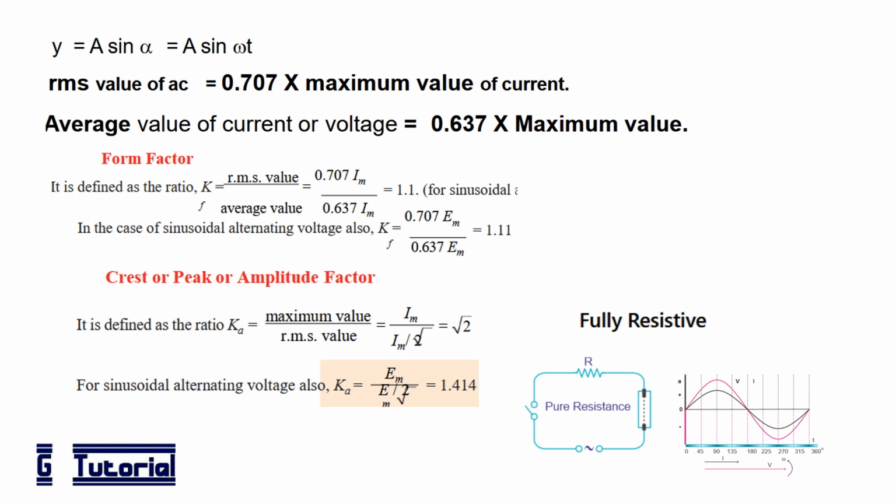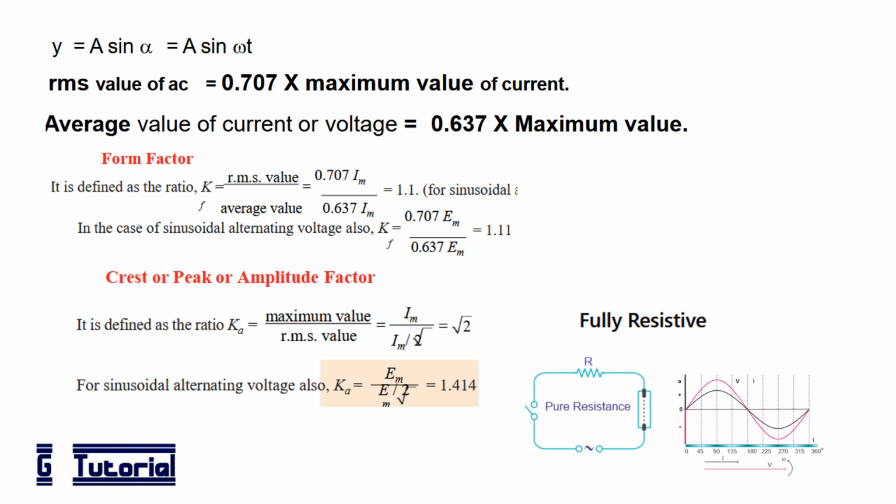Form factor of a circuit is the ratio of RMS value to average value. So RMS value is 0.707 times Im and average value is 0.637 times Im, and by solving this, we will get 1.11. So for a sinusoidal signal, form factor is 1.11, or it is the ratio of RMS value to average value.